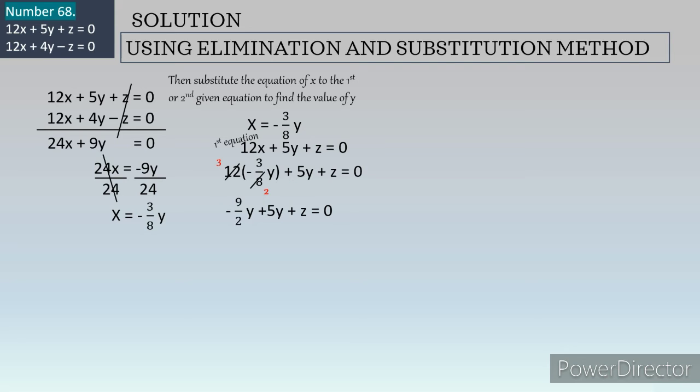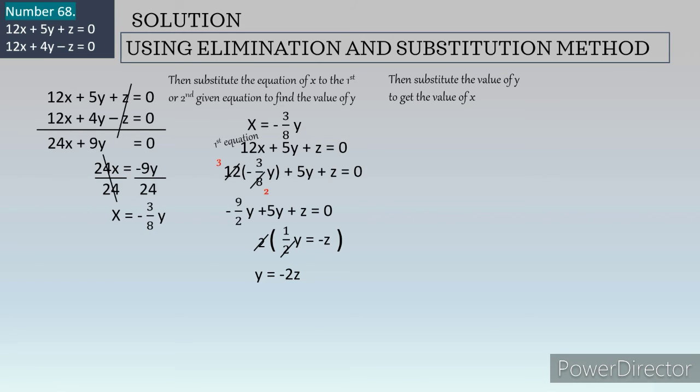We add negative 9/2 y plus 5y, and then we move the variable z to the right side. And now we have 1/2 y equals negative z. To get rid of the denominator, we multiply both sides by 2. So we cancel, and now we have y equals negative 2z.